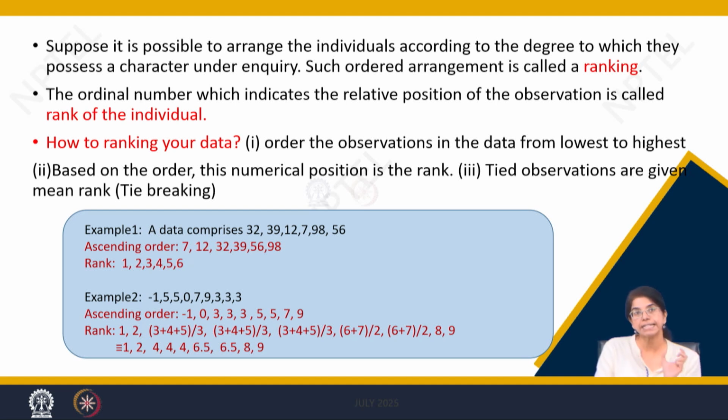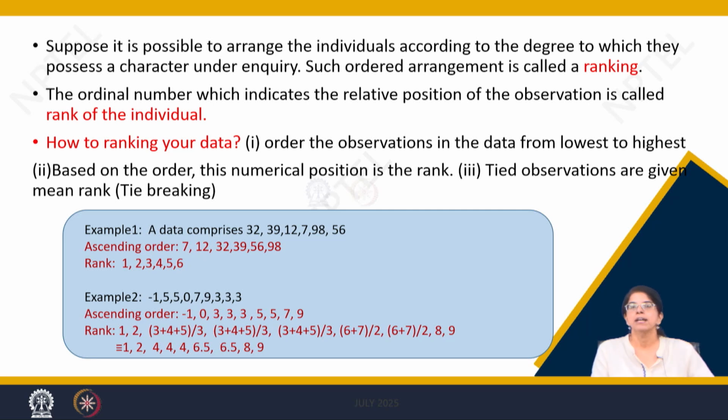Order and rank are synonymous. But sometimes we have to order in increasing, ascending manner, and sometimes we order in descending manner. Generally, in statistics, when we say ranked observations, that means the observations are arranged in ascending order.